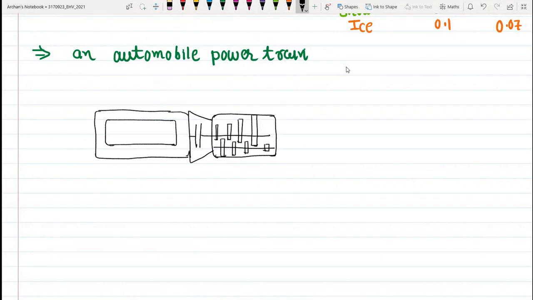Right? And then there will be one differential which is connected with the two wheels, okay, connected to the driven wheel via drive shaft. Okay, so we will have this differential over here. Okay, let me draw this line over there. And here is my differential.